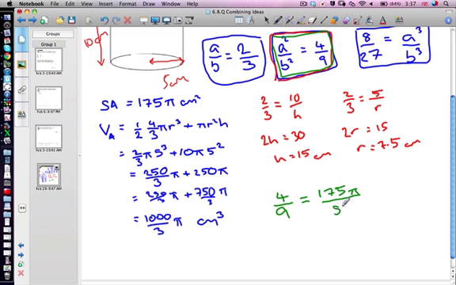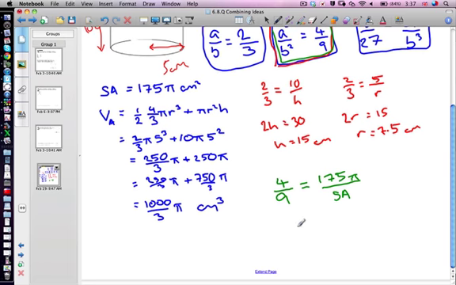So there we go, the surface area of the new object. Okay, cross multiply. 4 lots of the surface area equals 9 times 175 pi. And so the surface area we can find by doing 9 times 175 pi and then dividing that by 4.